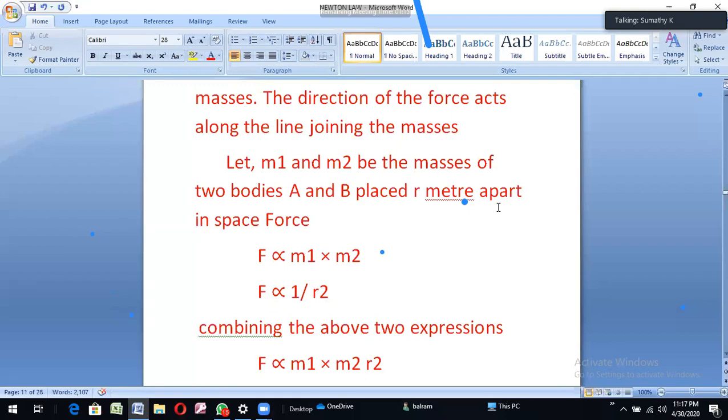F is inversely proportional to R squared, so that is written as 1 by R squared. Next, combining these two expressions, F is proportional to M1 into M2 by R squared. Understand?